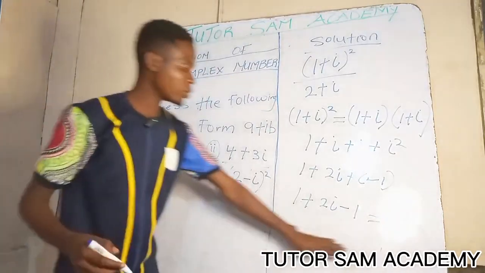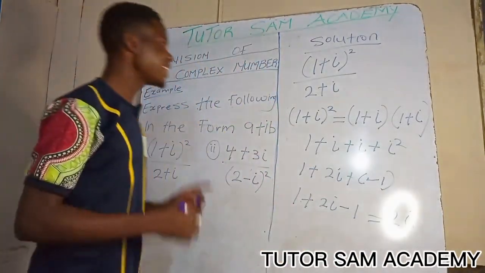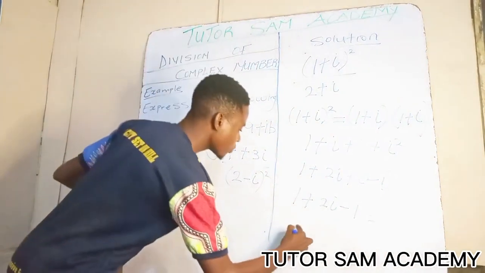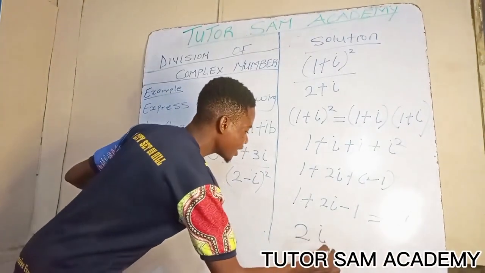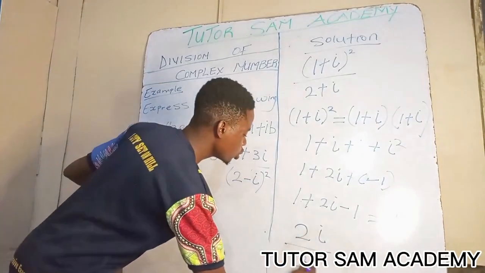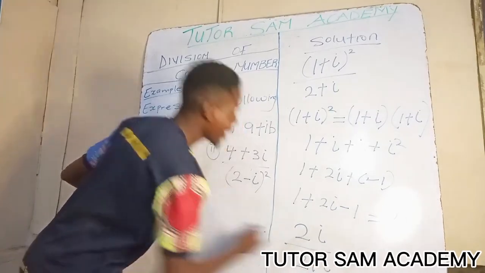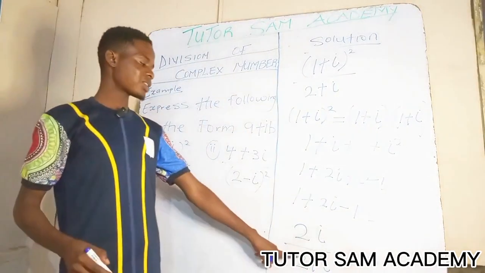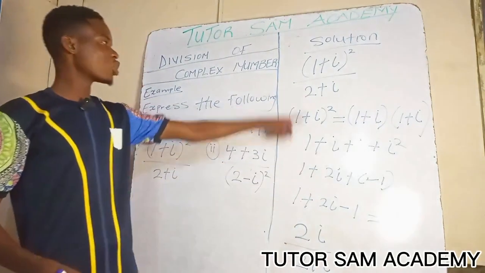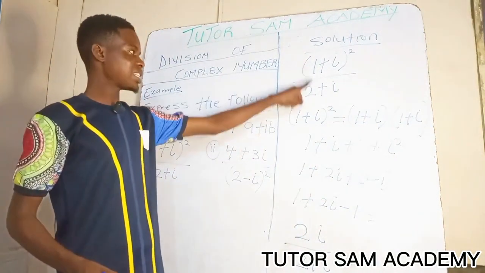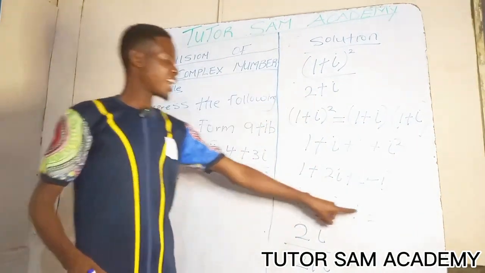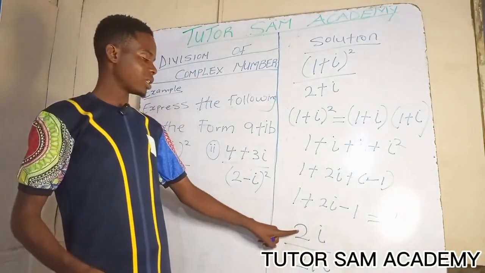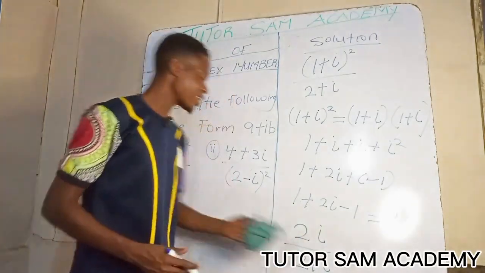So this is just my numerator. So indirectly, the question is 2i all over 2 plus i. So this is where I can now start my solving. All I did here was just to expand this first, then divide it by this. So after expanding it, I have my numerator to be this, then divided by this. So we can solve this here.